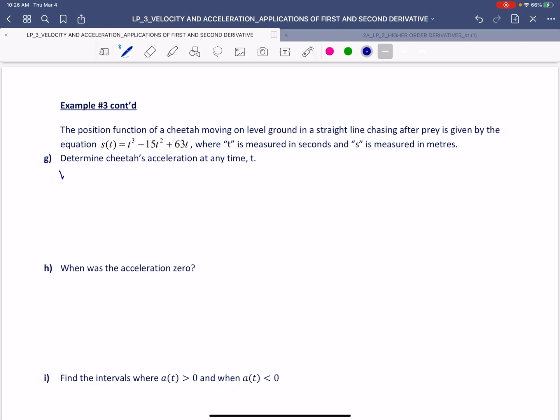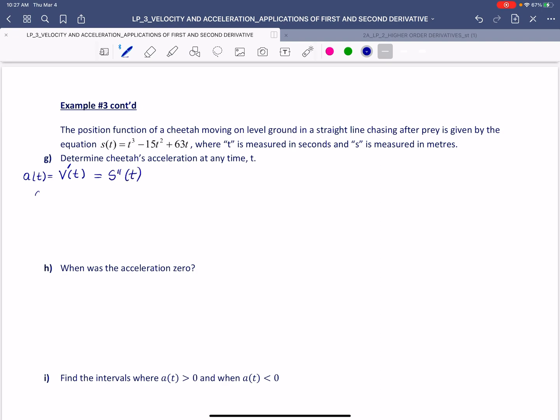So we start by finding v. That's because acceleration will be the derivative of v, or the second derivative of s.